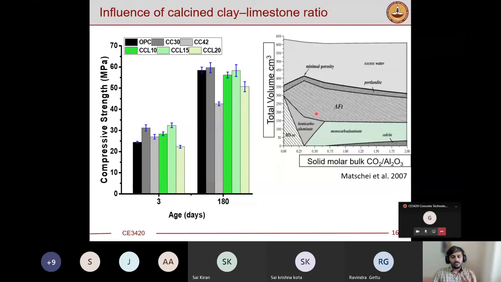So this is the science behind going for a combination of calcined clay and limestone in your limestone calcined clay cement. So that's how the new formulation of limestone calcined clay cement works, right? It has a pretty strong scientific basis on how this combination of chemical reactions would contribute to properties.